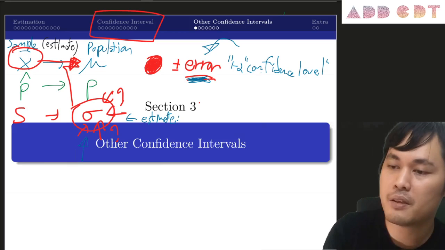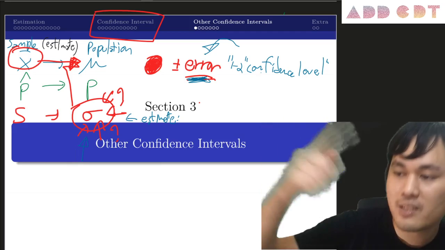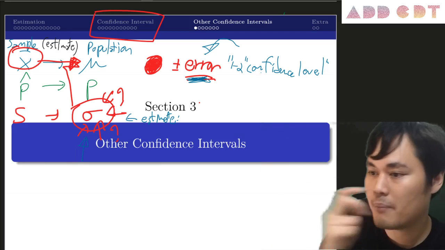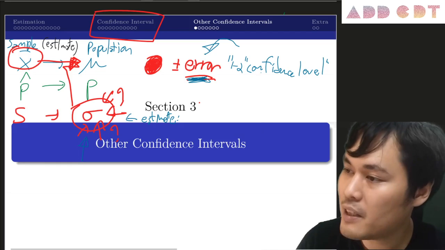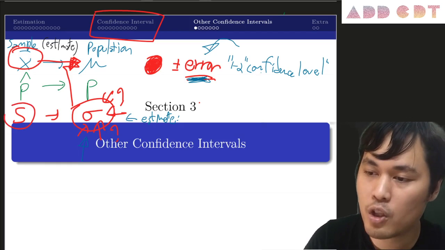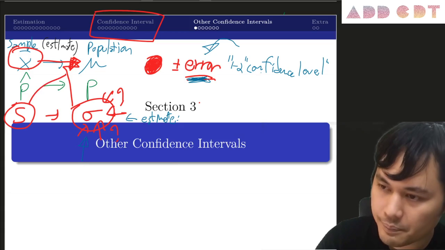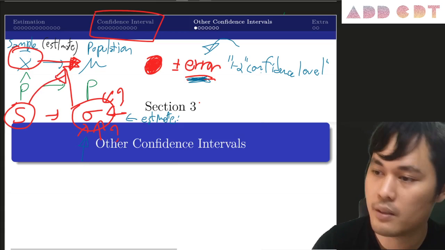So sometimes you get sigma, not by measuring the whole population, but by some estimate or some math. But if there is no way to get the sigma, then we have to go back and use the sigma from our sample to estimate the population.